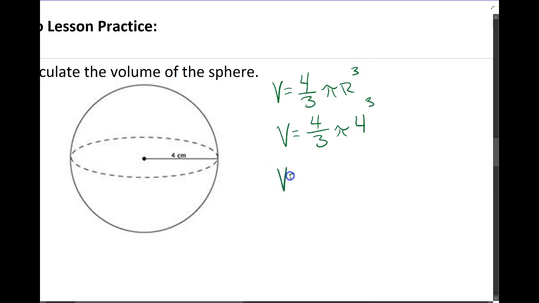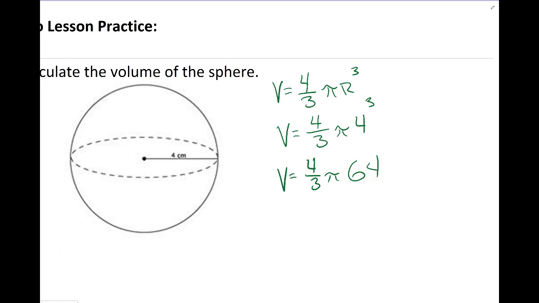So I say volume is equal to 4/3 pi times, well, 4 cubed is 4 times 4 times 4, which is 16, times 4, which is 64. So 4 cubed is 64. So 4/3 times pi times 64.